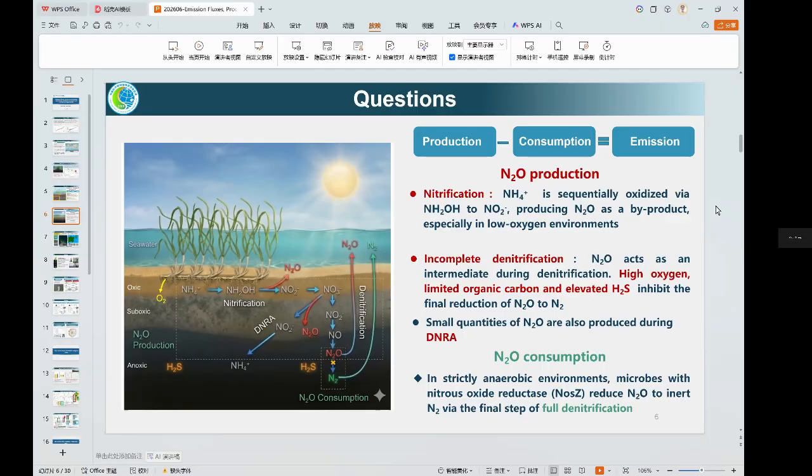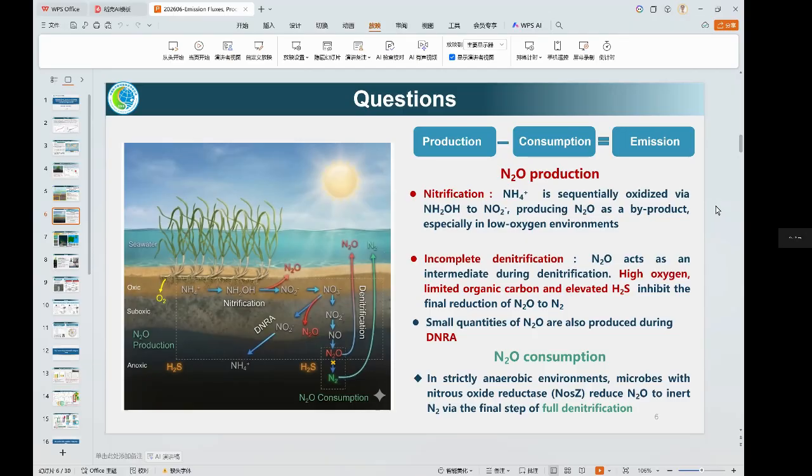During denitrification, N2O acts as an intermediate, and high oxygen, limited organic carbon, and elevated sulfide inhibit the final reduction of N2O to nitrogen. Besides, DNRA also produces very little N2O.